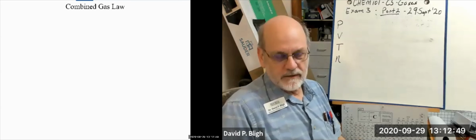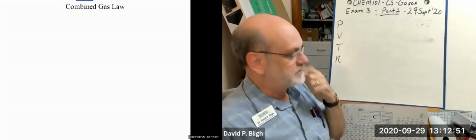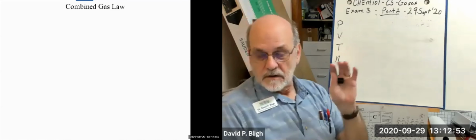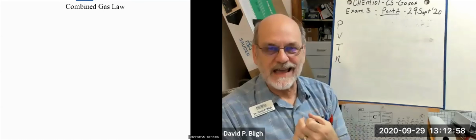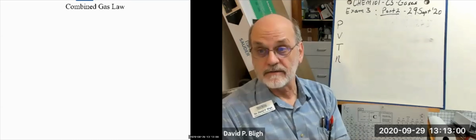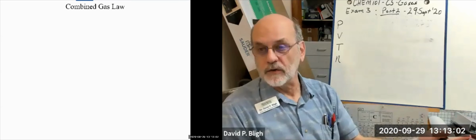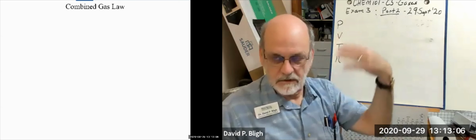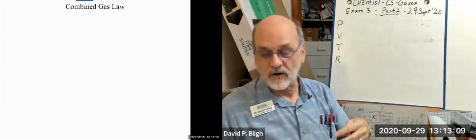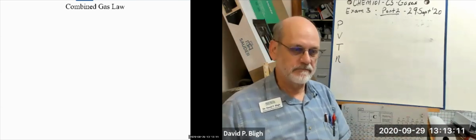So how do we deal with them? Well, all of these laws are ways of understanding how gases behave. The gases just do what they do. And we invent these laws to help us rationalize and quantify what the gases do.